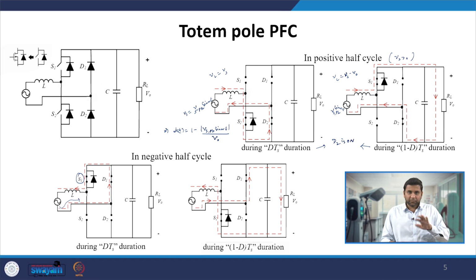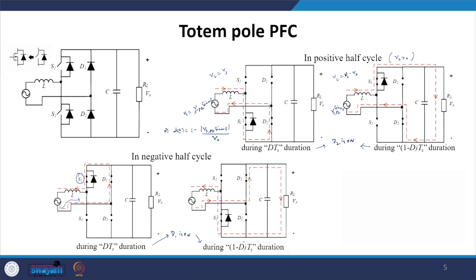And along with this, if you look very carefully, in the positive half cycle only D2 is on, in the negative half cycle always D1 is on. Why is D1 always on? Because during the d Ts period and the 1 minus d Ts period in the negative half cycle, my D1 is in conduction, forward biased and on.